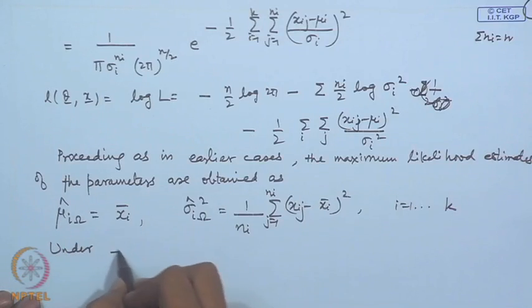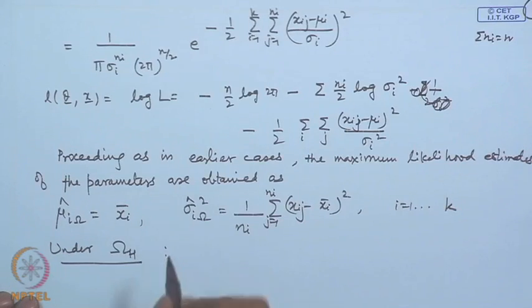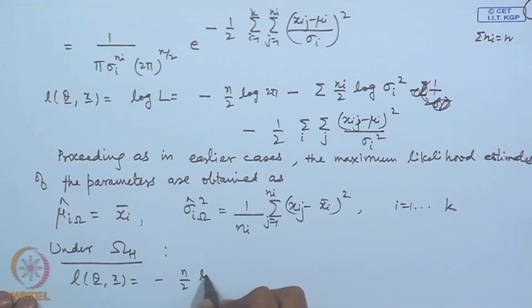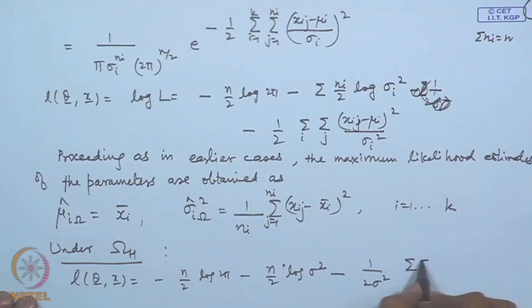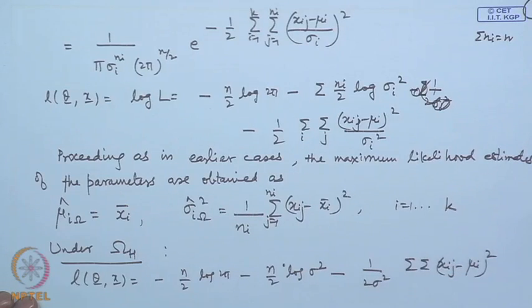Under omega h, that is when we are taking sigma 1 square is equal to sigma 2 square is equal to sigma square, then this L gets modified. L will become minus n by 2 log of 2 pi minus n by 2 log of sigma square minus 1 by 2 sigma square double summation x i j minus mu i square.